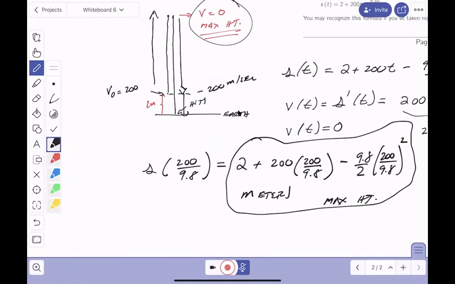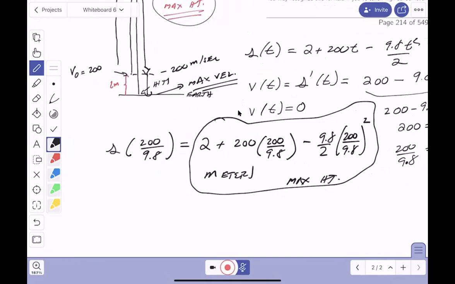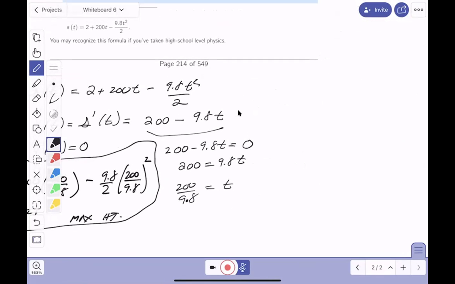The velocity when it hits the ground is going to be the maximum velocity. Now, it may be negative, but it's a maximum velocity. So now comes my problem. When does it hit the ground? It hits the ground when S is equal to 0. Again, I know this is difficult. So it hits the ground when S of t equals 0. That's when it hits the ground.